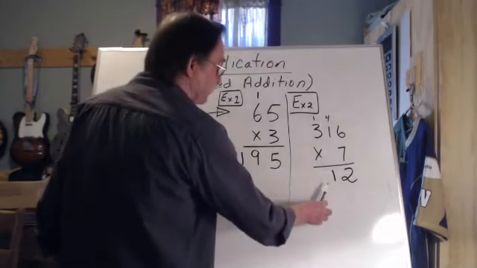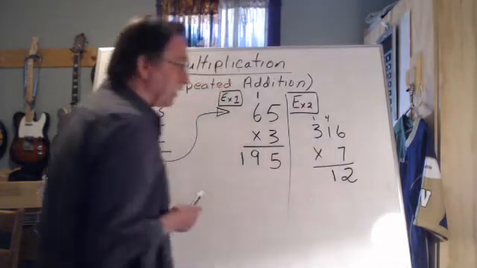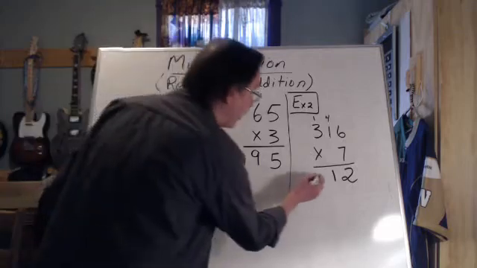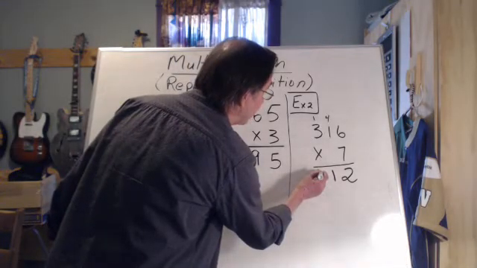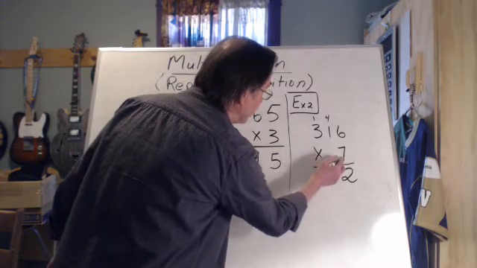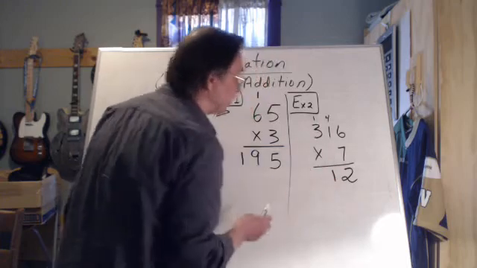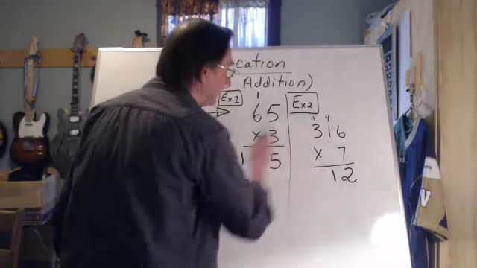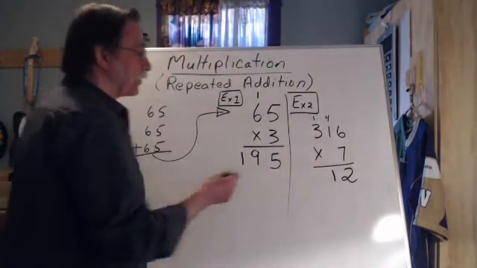Okay, finally, 7 times 3, that's 21. Oh, no, I don't put down the 1. 7 times 3 is 21. Plus I add the 1, makes 22.